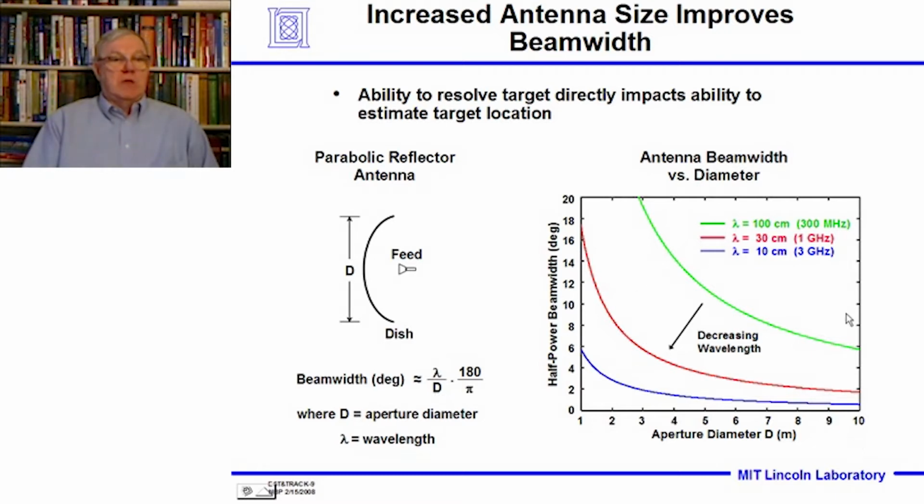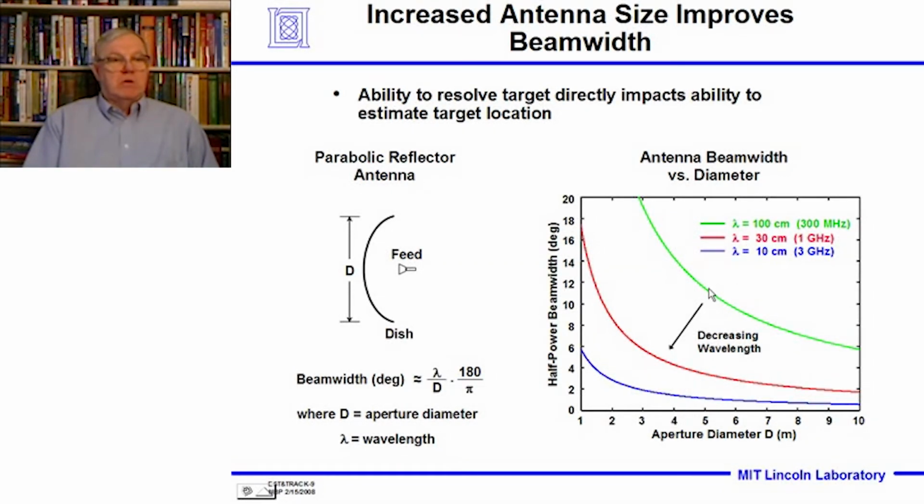And here's this example. In the example, these three lines were drawn for an S-band, 10 centimeter radar, an L-band at 1 gigahertz, approximately, a little bit lower frequency than S-band, and then up almost to the UHF frequency range of 300 megahertz, 100 centimeter wavelength.